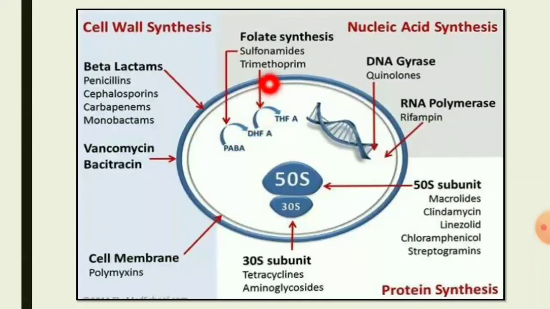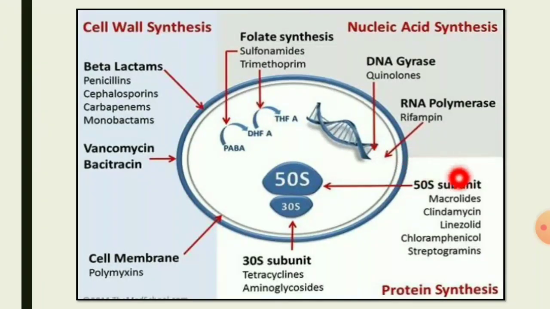The sulfonamides are drugs which inhibit the conversion of PABA into dihydrofolic acid. Trimethoprim inhibits the conversion of dihydrofolic acid into tetrahydrofolic acid. Quinolones act through DNA gyrase, which means the degradation of the DNA, and rifampin acts through the RNA polymerase.